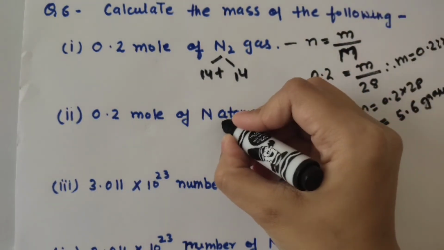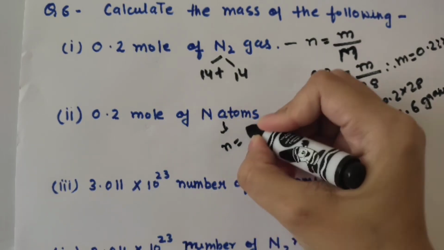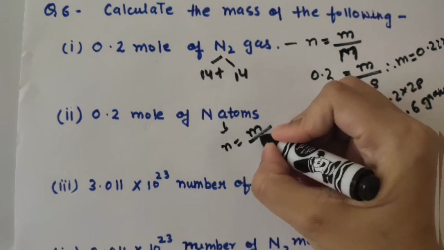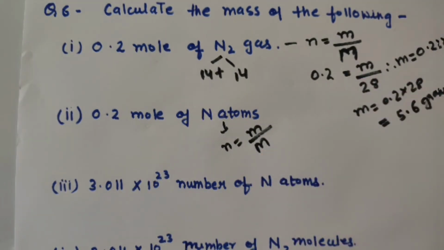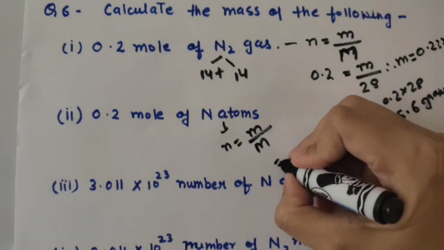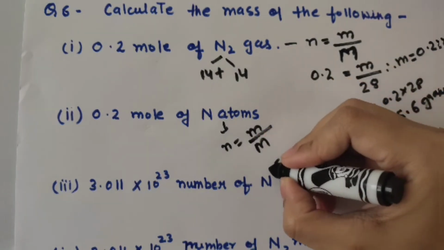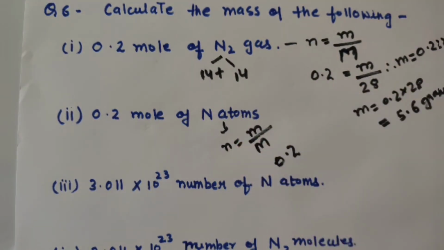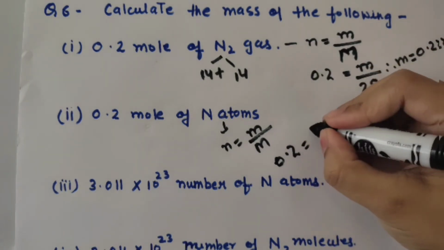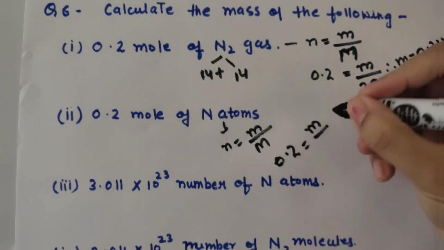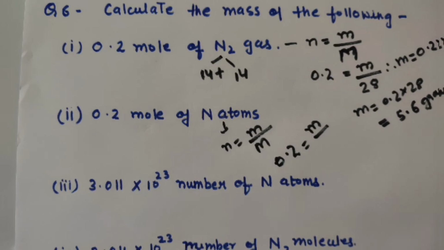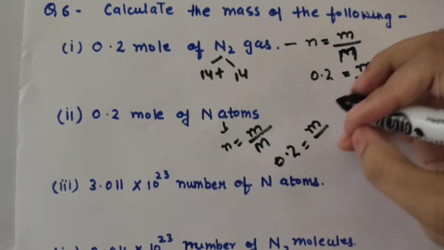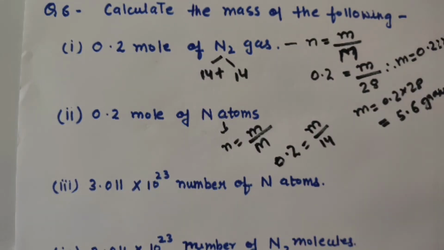So how do we do this? n equals m upon capital M. n is given as 0.2. We have to find out m, and now the molar mass will be 14 instead of 28 here. So it will be 14.